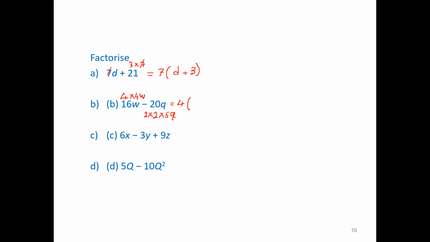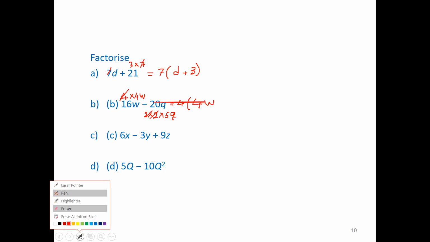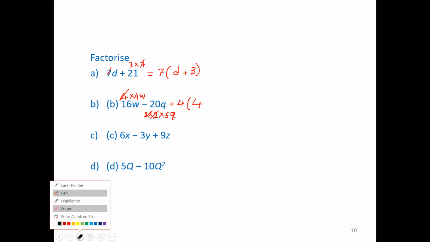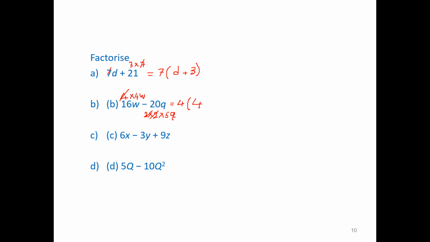So you can see the 4 is a common factor because we can take this 4 and 2 times 2 is 4. Then the remaining will be 4W plus 5Q. So this will be the factorization.